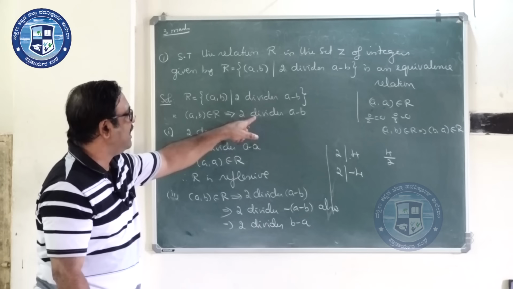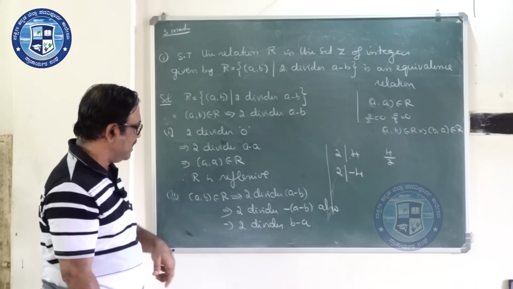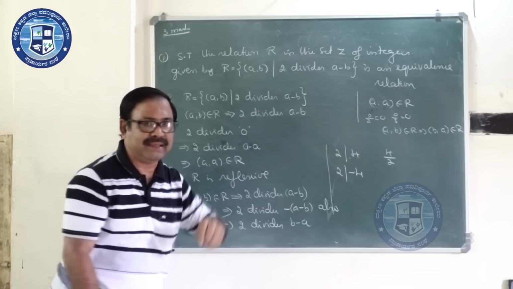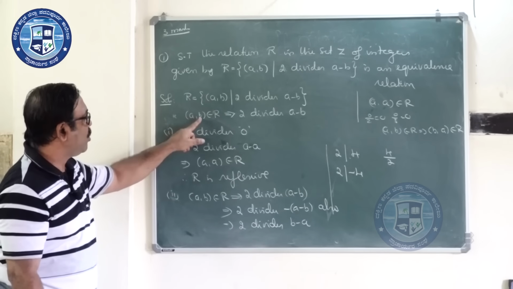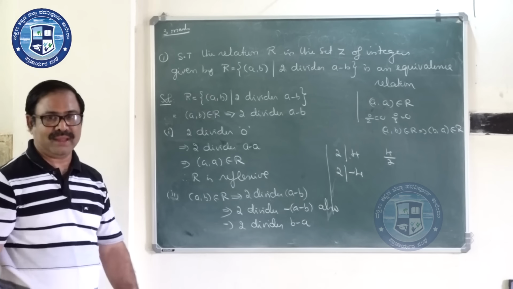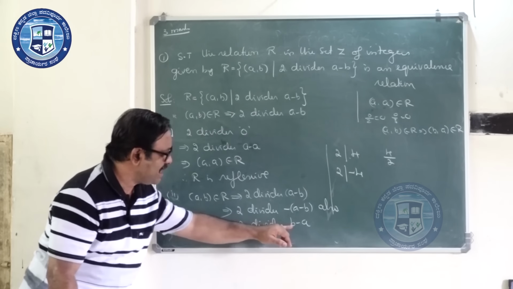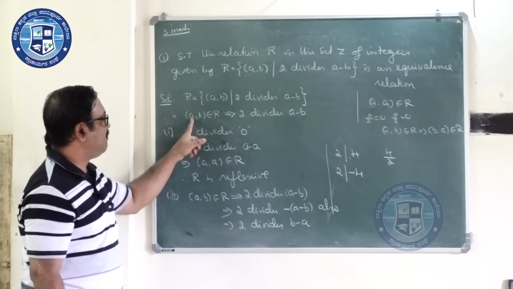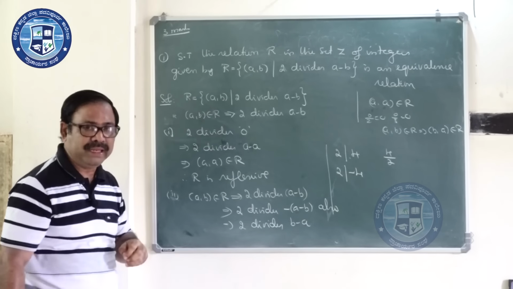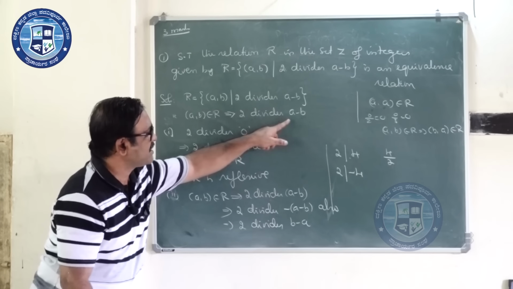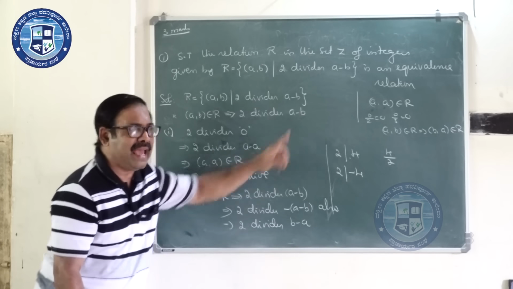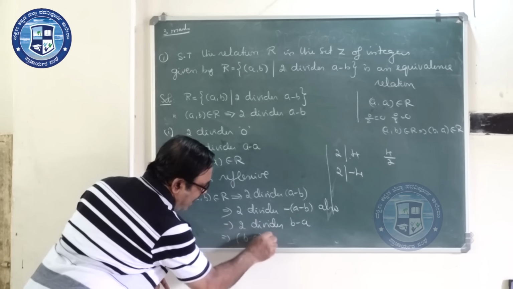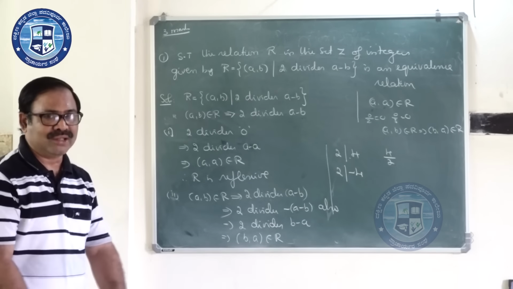Now all of you read the definition again. Please read the definition. 2 divides A minus B, then what do you have? (A, B) belongs to R. Now 2 divides B minus A. A minus B means first element is A, second element is B. B minus A means first element is B, second element is A. Therefore your ordered pair becomes (B, A) belongs to R. Followed the point?